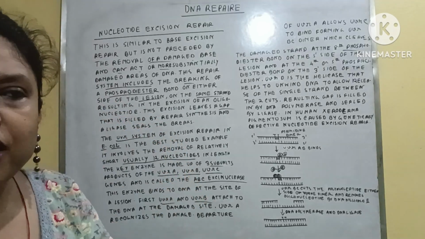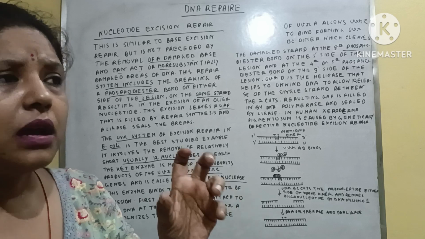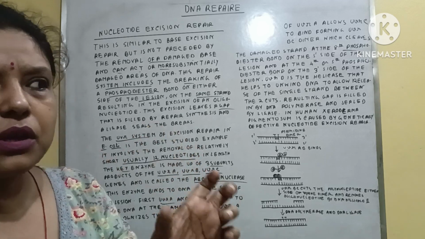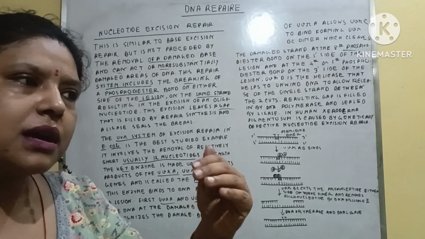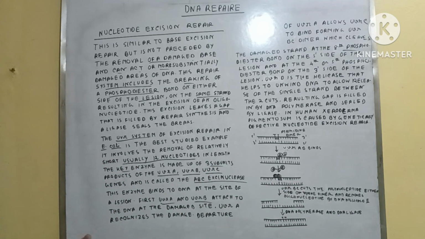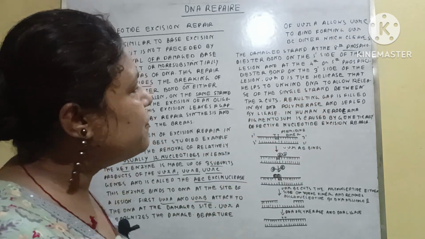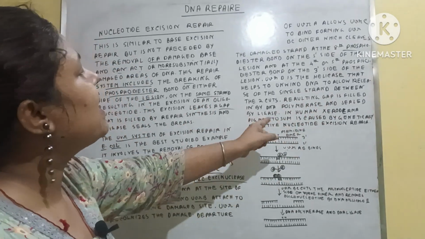So its function is to help remove the strand that is already cut by the enzymes. Okay. And now the resulting gap is filled by the DNA polymerase and sealed by the ligase.